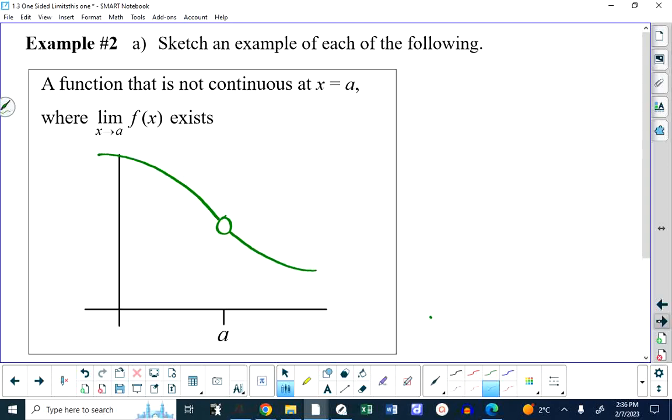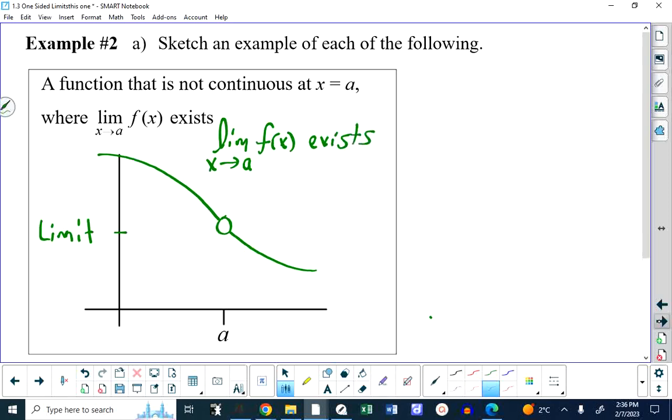And this is equal to the limit. That's what the limit is. The left hand and the right hand limits are both approaching that value of y. So the limit as x approaches a of f of x exists.